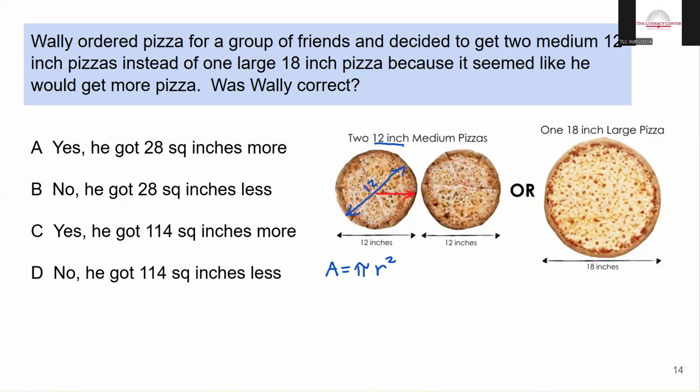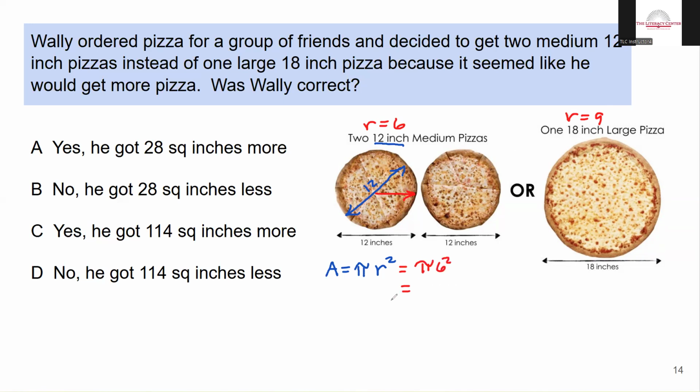Our radius for a 12-inch pizza is 6. And I might as well move over to the 18-inch pizza and immediately say, well, the radius for that is going to be 18 divided by 2. That's 9. So now I'm kind of ready to go. I've got my radius. Area equals pi r squared. Area equals pi times 6 squared.